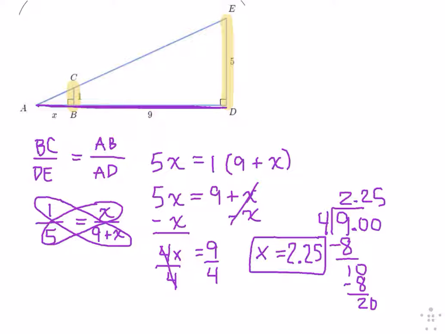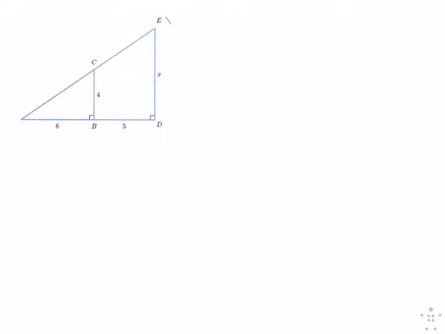Alright, so the next example, we're solving for x, and x is the long side over here on the right. So again, I want to look at the corresponding sides. So I'm going to highlight the sides that correspond to each other. So CB corresponds to ED.